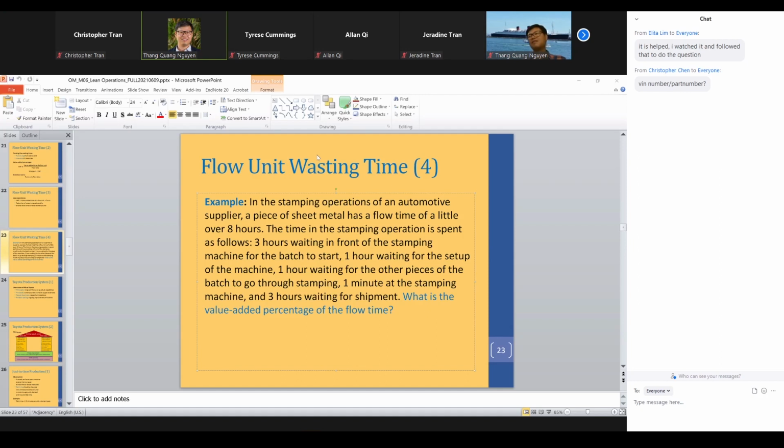It's amazing to see that our car starts with a piece of metal, because they will need to do the stamping to make the shape of the door, make the shape of the frames, and then later on weld different parts of the frames together as a frame that we see in our car. And then they make the trunk, they make the hood, things like that, right? All starts out as a flat piece of metal.